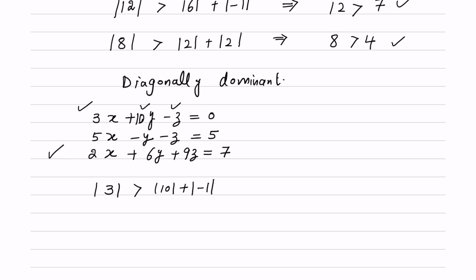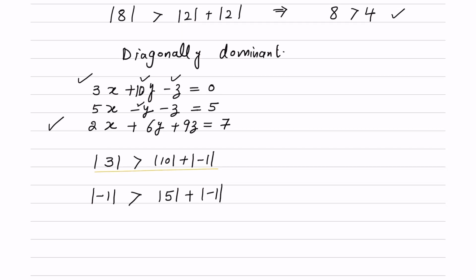And the second condition is the diagonal coefficient in this case is minus 1. So minus 1 absolute should be greater than the absolute sum of the other two coefficients, which are 5 and minus 1. And the third condition says that the diagonal coefficient, which is 9, its absolute value should be greater than the other two absolute coefficients, which are 2 and 6.